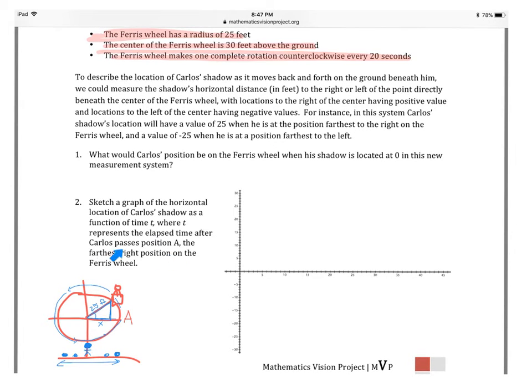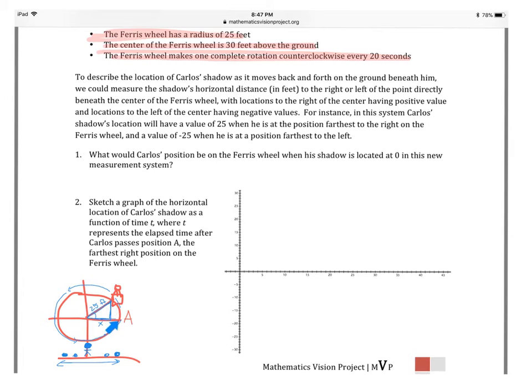So we're going to sketch a graph, the farthest right position on the Ferris wheel. So we're going to need some values. We're going to need some numbers. But what we do know is at the very, very, very start, when he is at A, so at 0 time passed, how far is his shadow? Where's his shadow at?